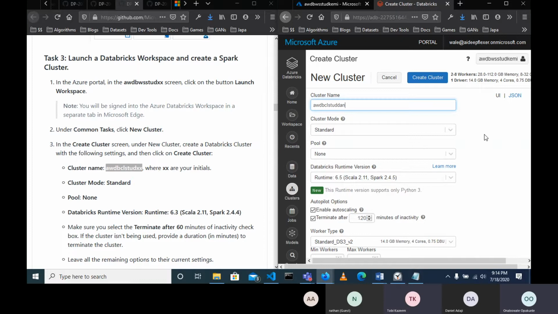Okay. So remember I mentioned something about pools. A pool is basically a standby instance of a cluster that reduces the time it takes for the cluster to start and how fast it can scale.